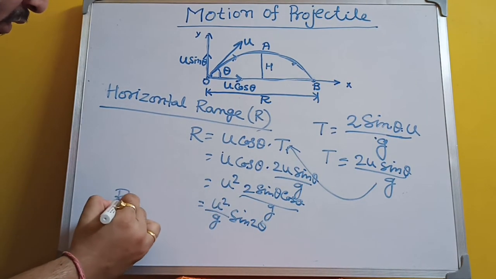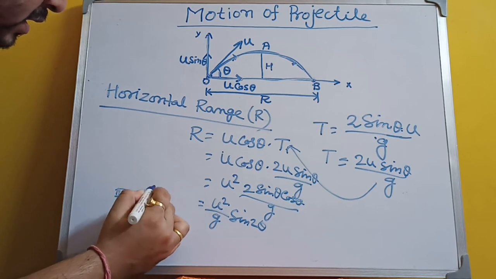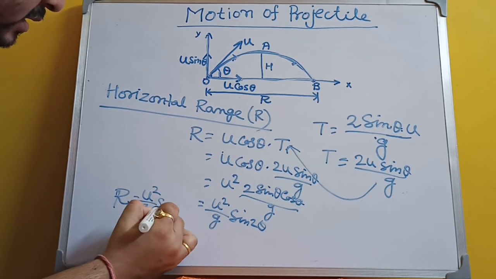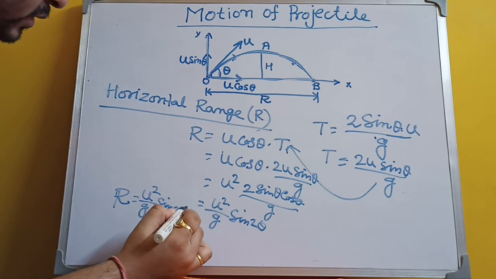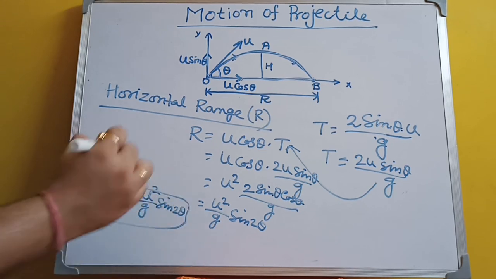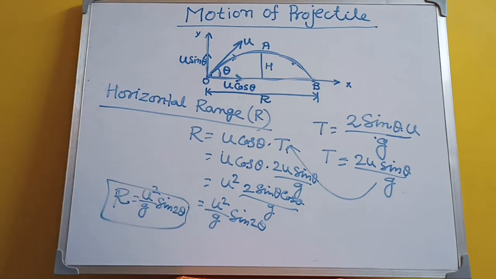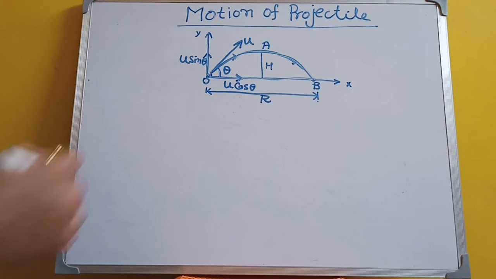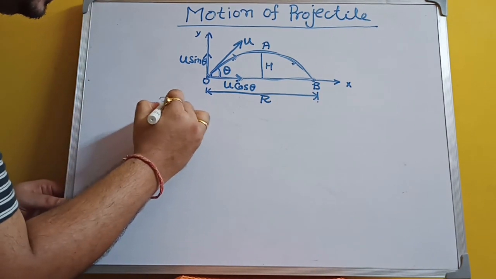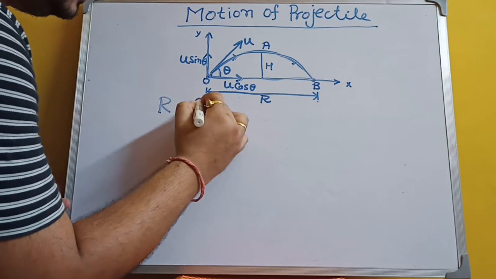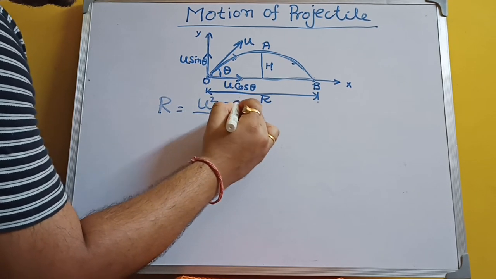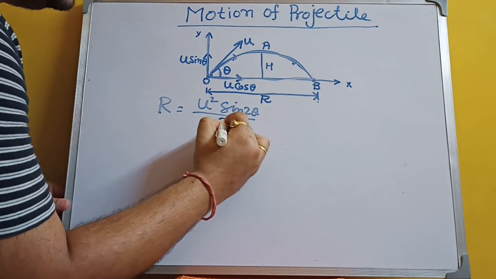So the horizontal range r is equal to u square by g sin 2 theta. That is your horizontal range. So r is equal to u square sin 2 theta by g.